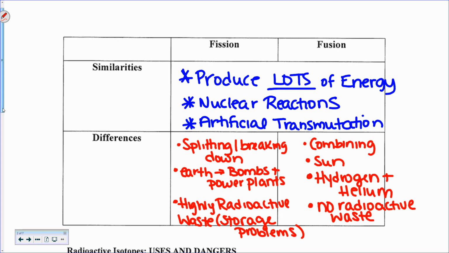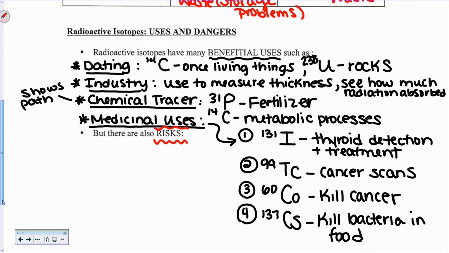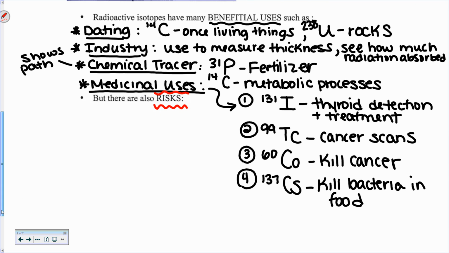So let's write down some of those. So the risks, we said that we can have nuclear accidents, whether that be at a nuclear reactor, if we either purposely set off a nuclear bomb or accidentally.